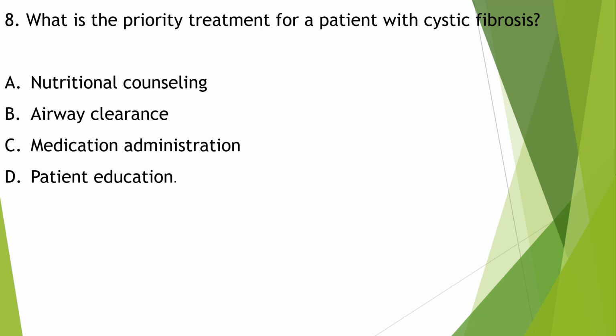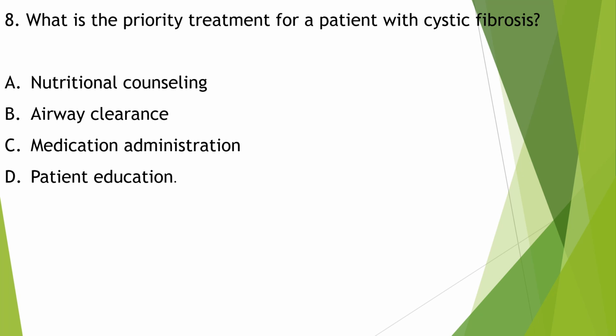The mucus buildup in the gastrointestinal system and pancreas leads to an exocrine insufficiency, blocking the transport of pancreatic enzymes and resulting in reduced breakdown and absorption of food. That happens in the gastrointestinal system.